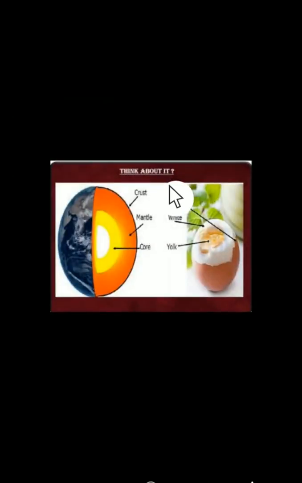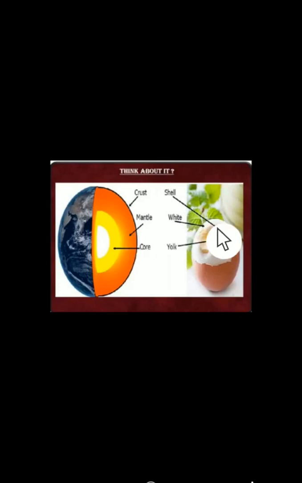Now, my dear students, let us compare this with our earth, which we are going to study in today's lesson, that is, the interior of the earth. Here we can see the crust, the thinnest layer. The crust is taken to be the shell, the outer cover of the egg. Then we come to the middle layer, the mantle, in the interior of the earth.